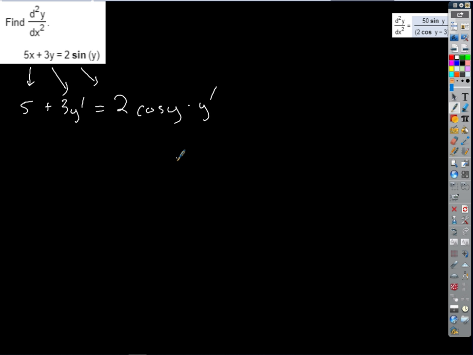And so if we solve for y prime, I'm going to push this term to the other side and subtract the 5, so I end up with 2 cosine y minus 5 as the non-y-prime terms pushed to the right, agreed?